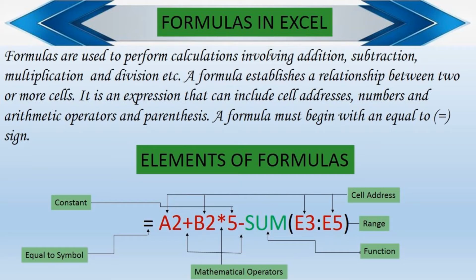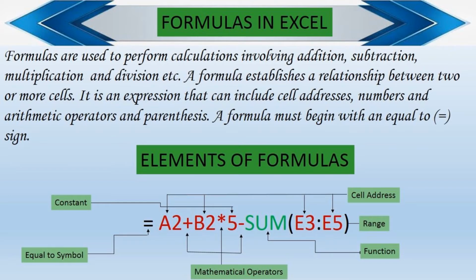Elements of formula. I have written here =A2+B2*5-SUM(E3:E5). Here A2, B2, E3, E5 are the cell addresses. Then plus, multiply, minus signs are the mathematical operators.